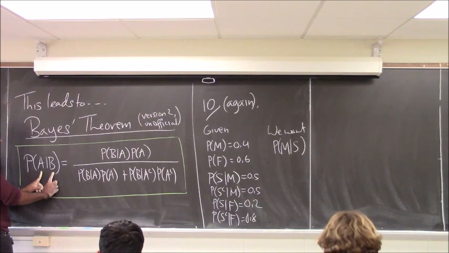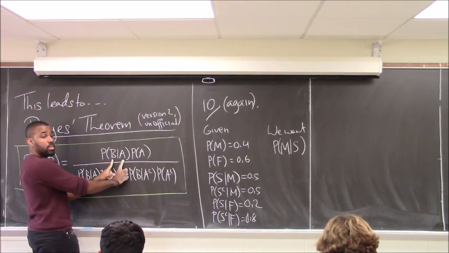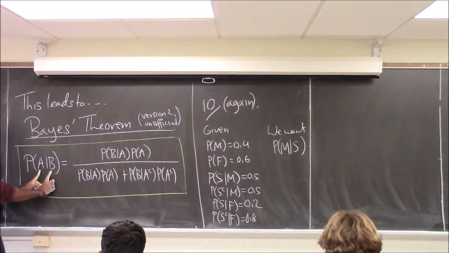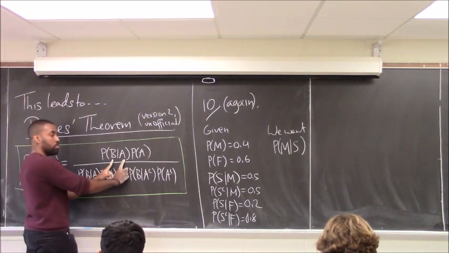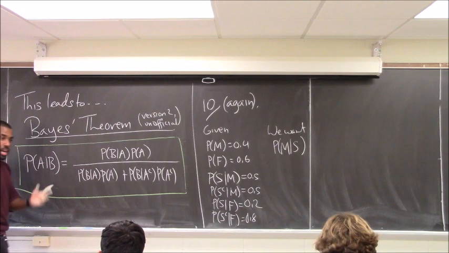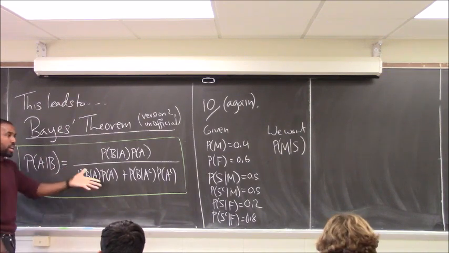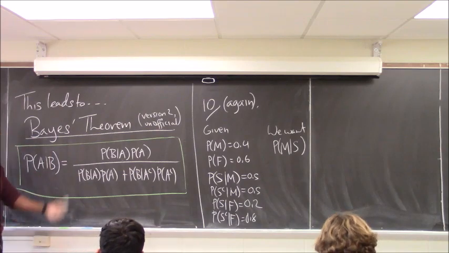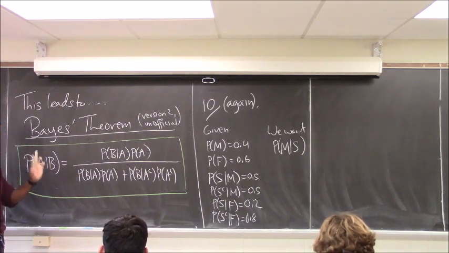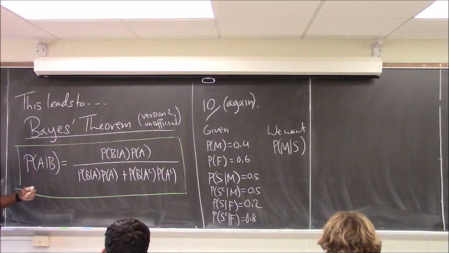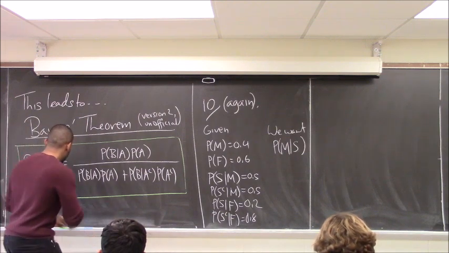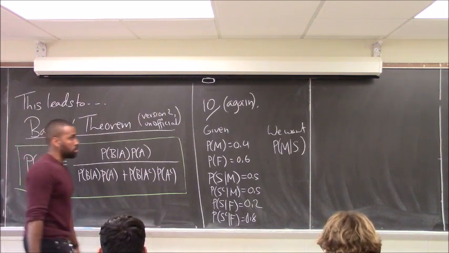Notice that on the left side I have A given B, while on the right side I have B given A. So I can talk about A given B in terms of B given A, right? So when I have things flipped around, I can use what I currently know to figure out what would have happened if the conditions applied in the opposite order, right? So that's why we even think about using this formula.